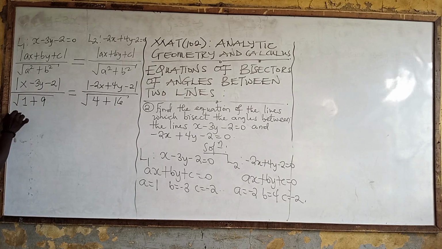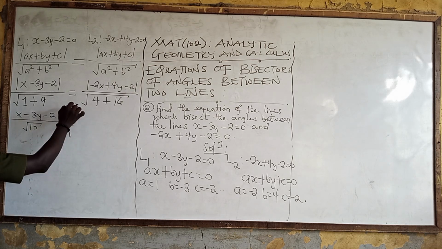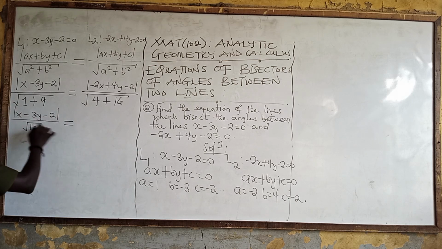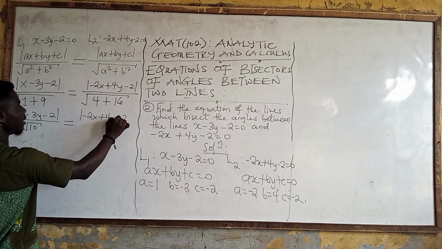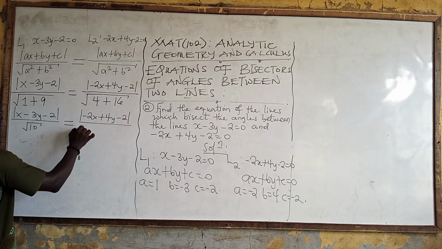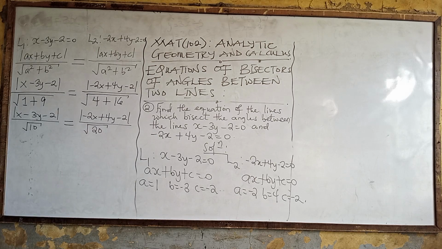So x minus 3y minus 2 divided by square root of 10 must be equal to, let me bring my absolute, negative 2x plus 4y minus 2 divided by square root of 20. So we have this, which is very, very simple and very, very trivial as well.